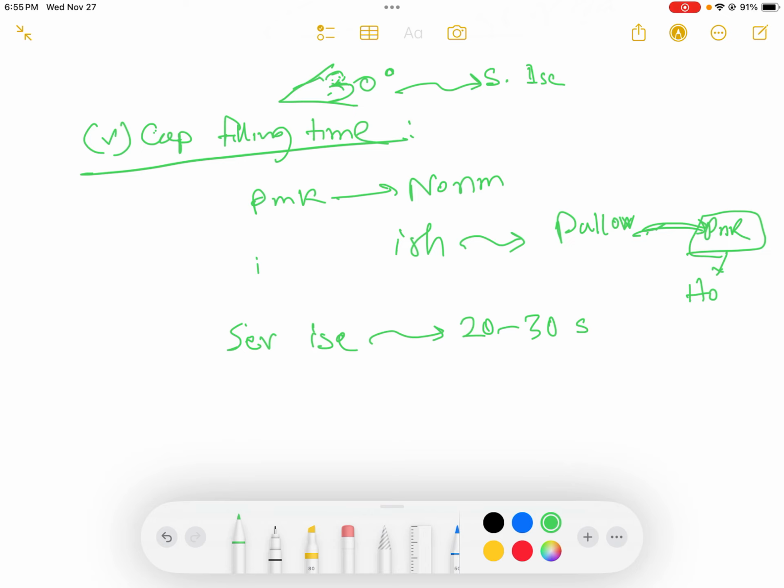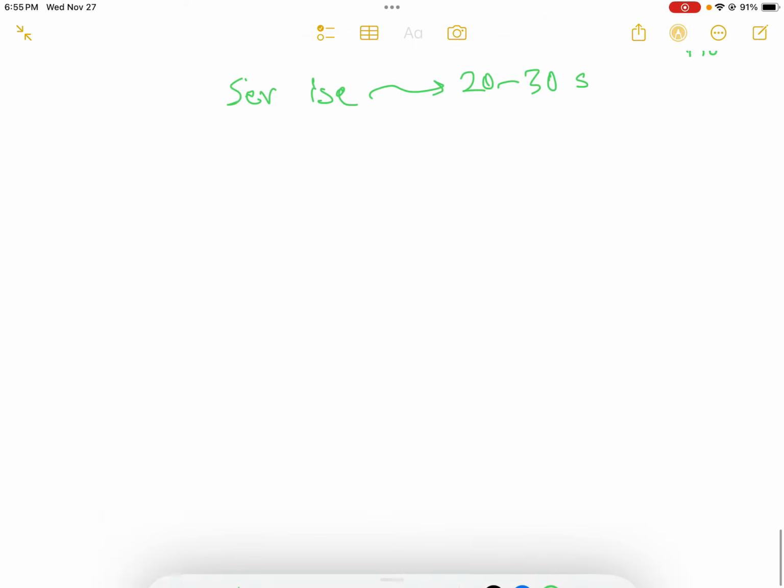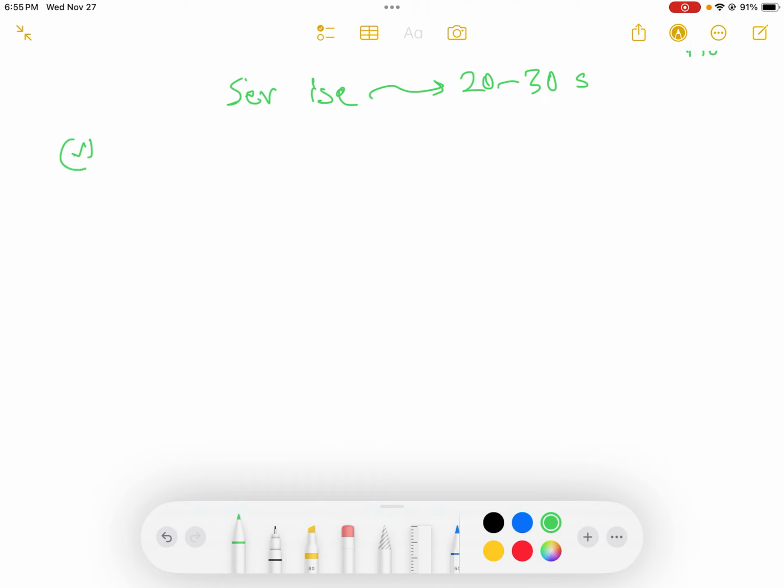Number 5, venous refilling. After keeping the limb elevated for a while, if it is then laid flat on bed, there will be normal refilling of the veins within 5 seconds.